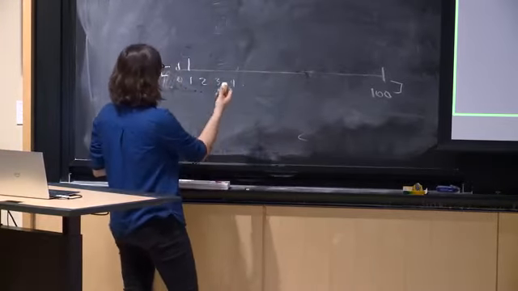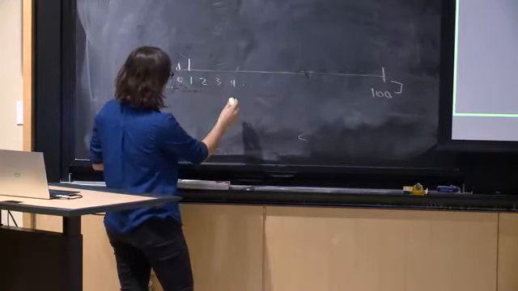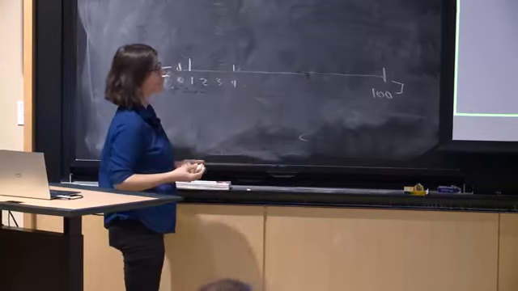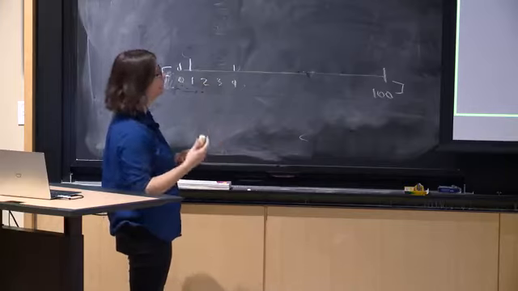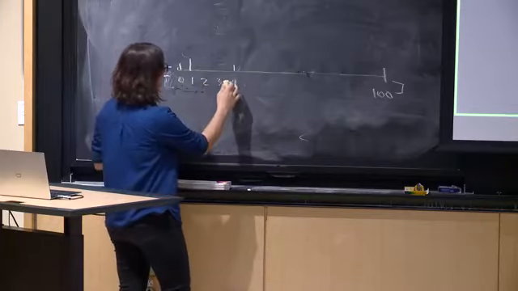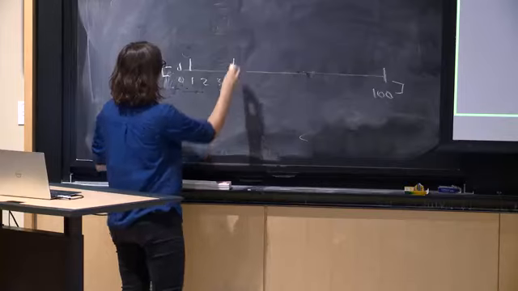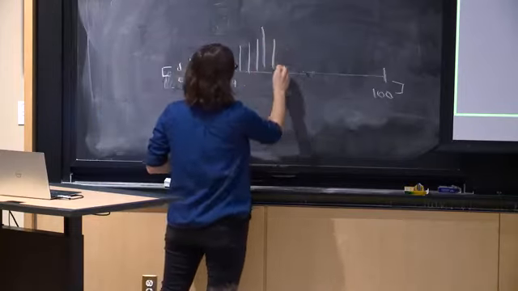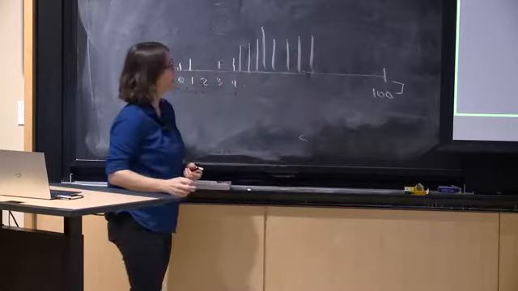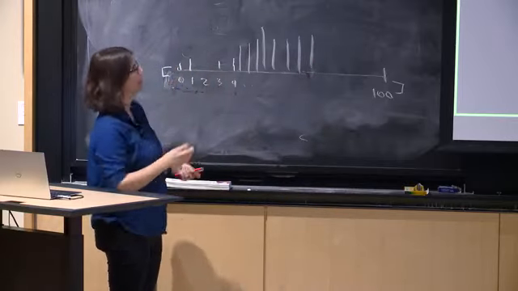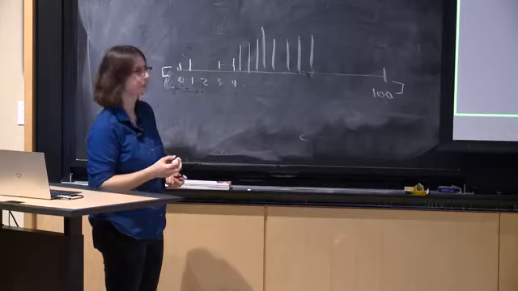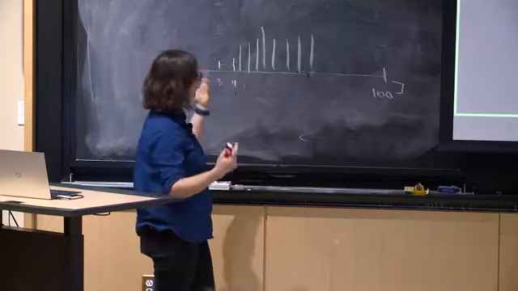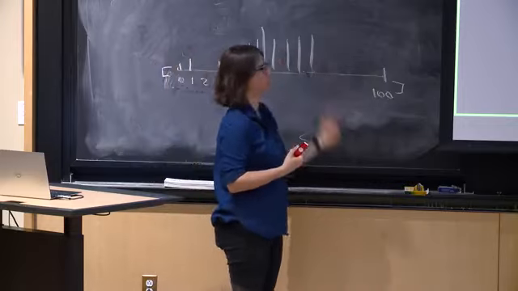So if the temperature was 4 degrees, then at index 4, I'm going to increment my count by 1. And if further on in the list I've got another temperature that's 4, at index 4, I'm going to increment it again. So I've got these nice counts of all of the temperatures. Out of those 365 days, how many days had a temperature of 4? Out of 365 days, how many days had a temperature of 85?